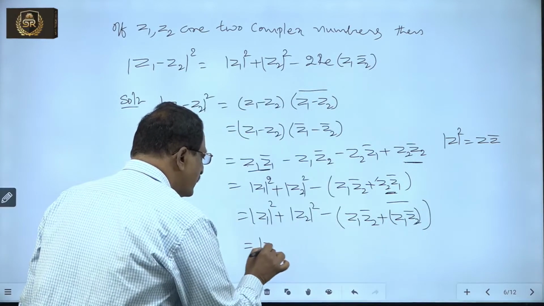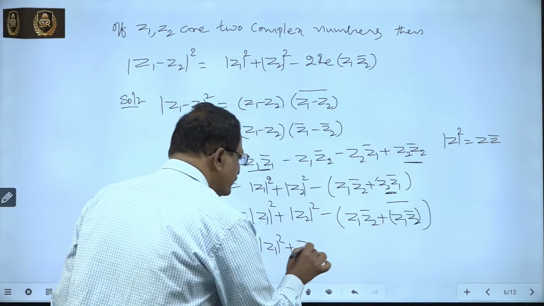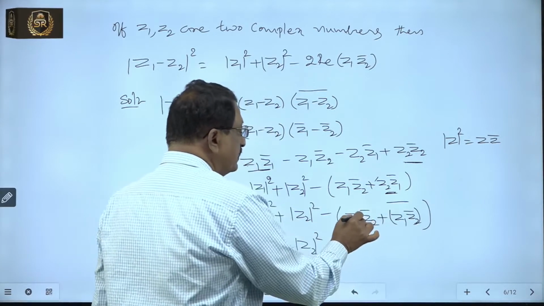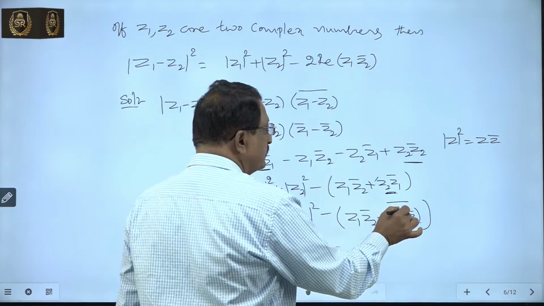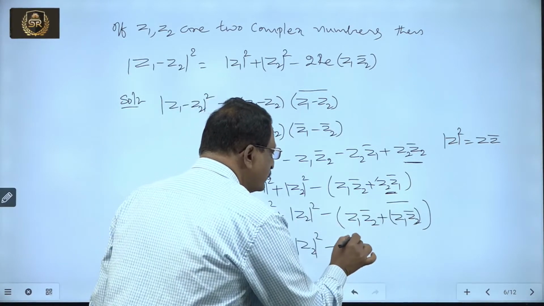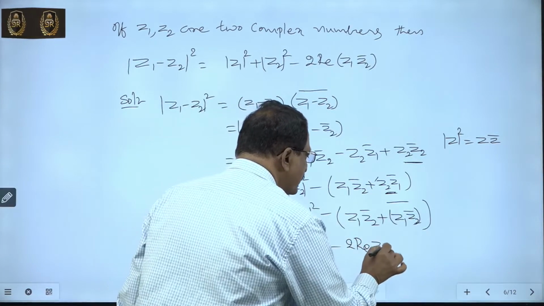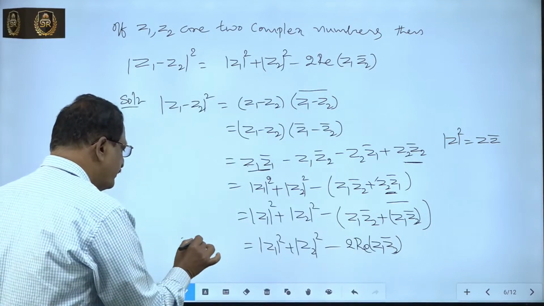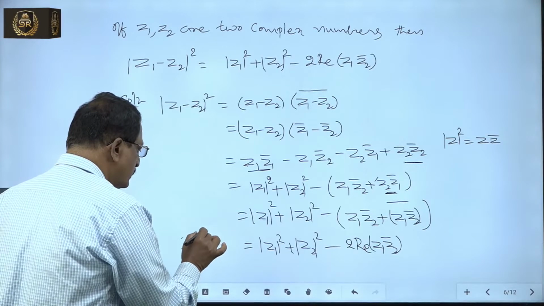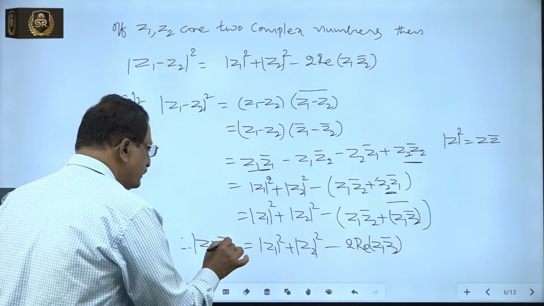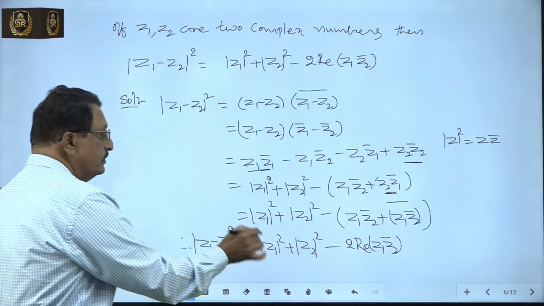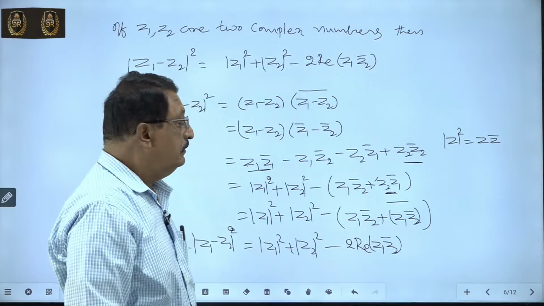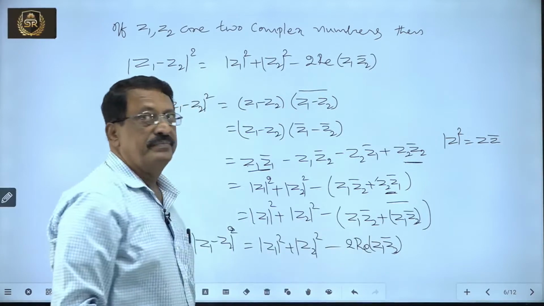That can be written as 2 into real part of Z1 Z2 bar. Therefore, mod of (Z1 minus Z2) whole square equals mod Z1 square plus mod Z2 square minus 2 into real part of Z1 Z2 bar.